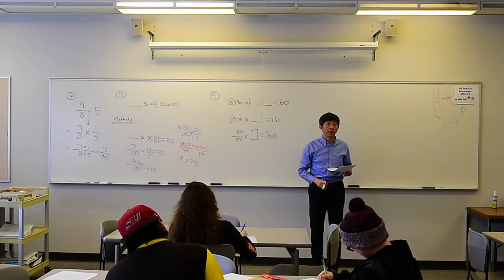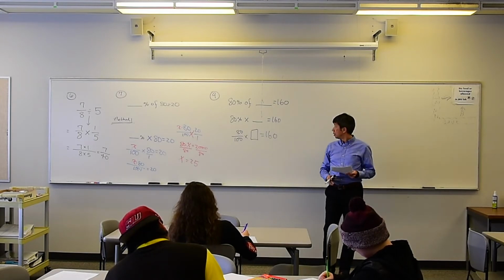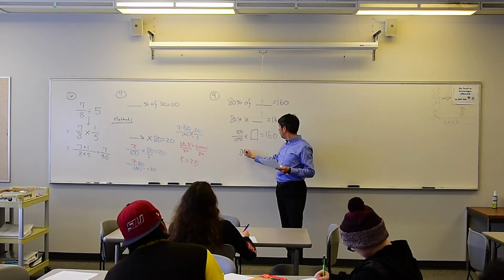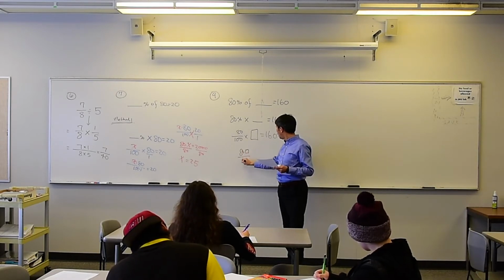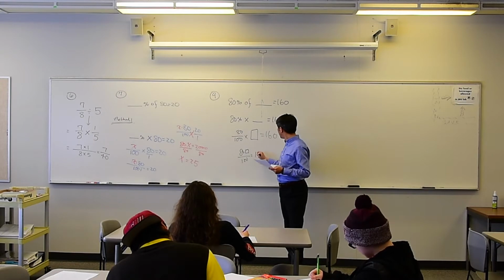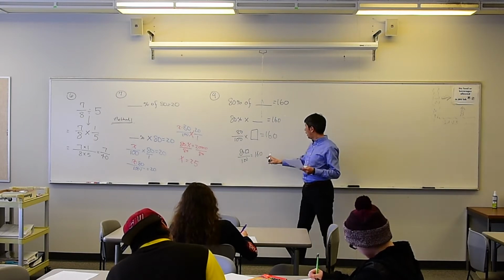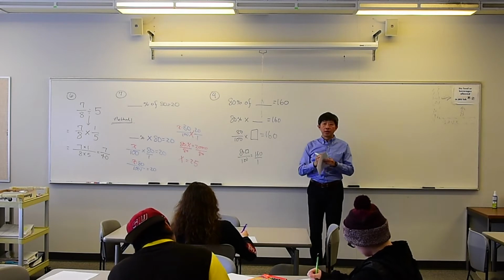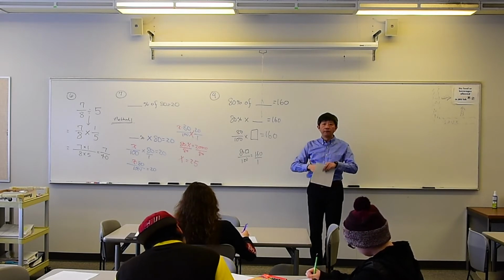We can set it up like this, right? So therefore, we still can figure out 80 times a box over 100 is equal to 160, and 160 is actually 160 over 1, right? Can we cross multiply, yes or no?